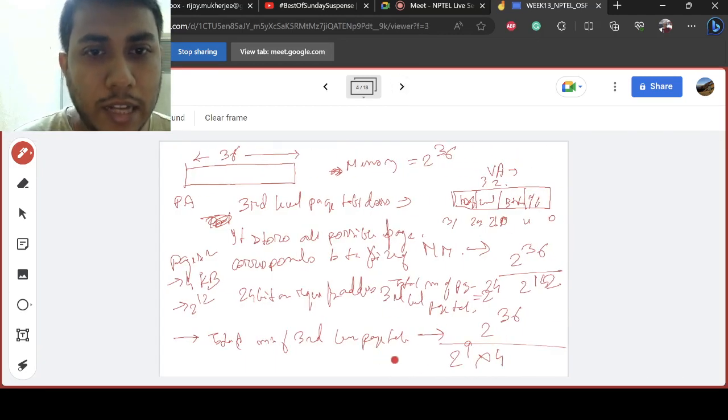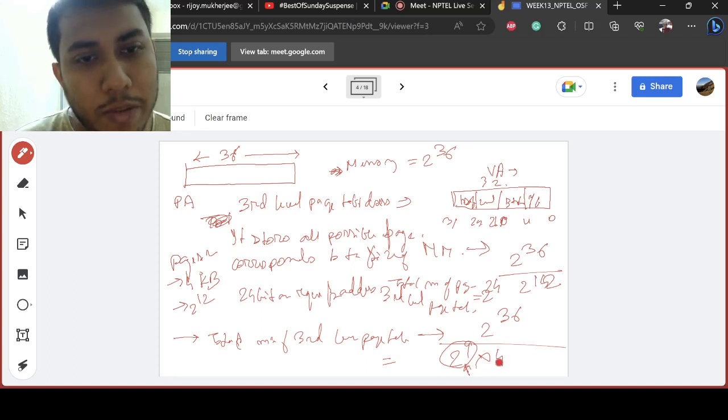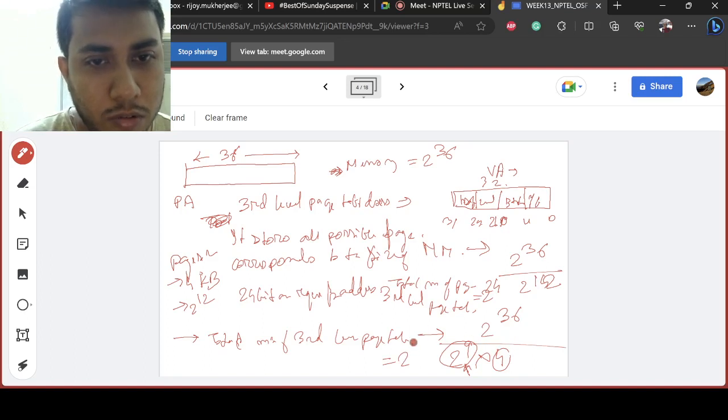So total number of third level page tables is the size of each page table, that is the number of entries in each page table times the size of each entry. This will come down to 2 to the power of 25.